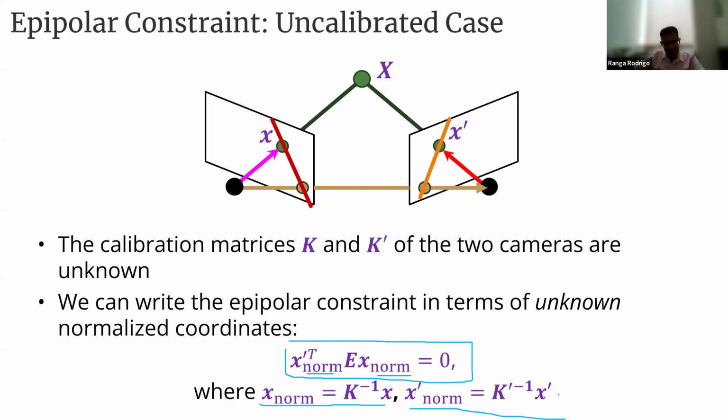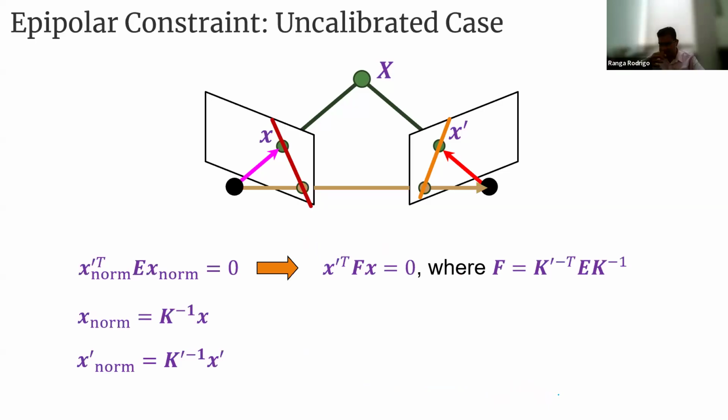So if we replace them in this fashion, we have the fundamental matrix. You can see these normalized ones, we replace with that, and this we replace with that, and then you will have the fundamental matrix. So the fundamental matrix is K prime inverse transpose, unfortunately, E K inverse. So this is the fundamental formula of the fundamental matrix.